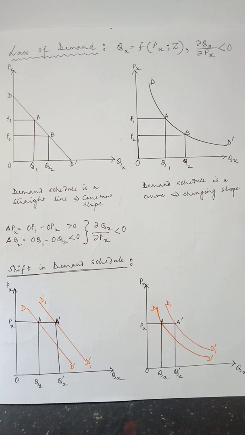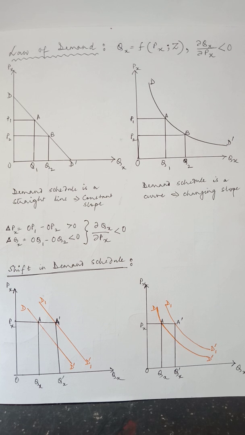If the income increases, then the demand schedule will shift right. If the income decreases, the demand schedule will shift left. If the taste preference increases, then the demand schedule will shift right, or vice versa. If the taste decreases for that commodity, then it will shift to the left.